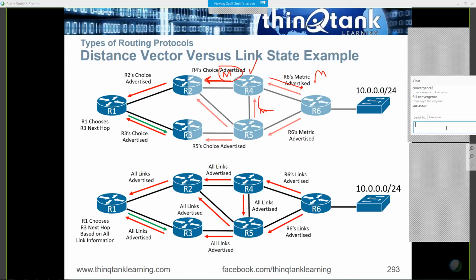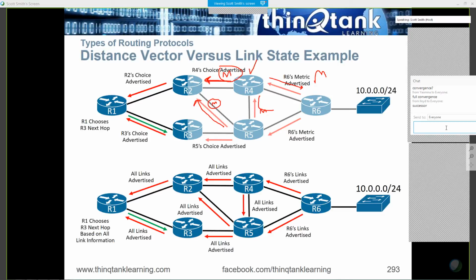Because we're trusting that R4 would have chosen the best path based on its metric. So R2 should also be making the same decision based on the information it receives from its neighbor. Because R2 is going to get a route from R5 as well with a metric. You guys follow me, right?